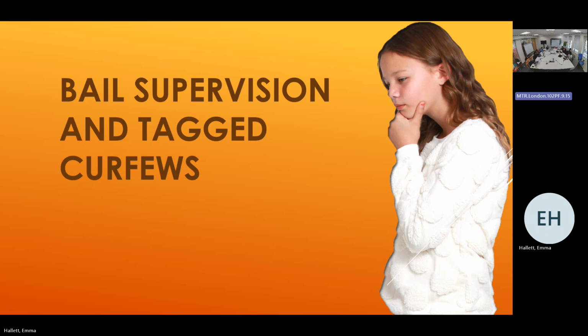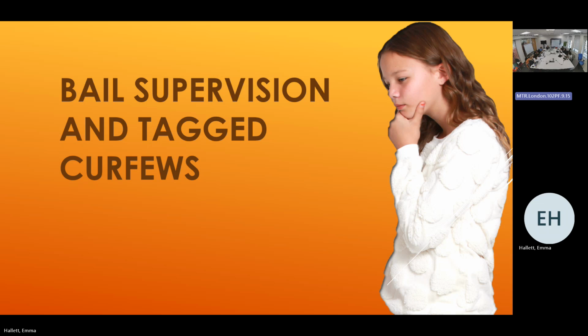So do you think tagging young people is possible? There's a criteria, so it can't just be a suggestion. It is the same, and it's actually section 3AA.